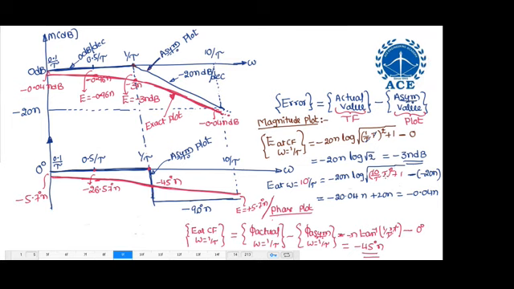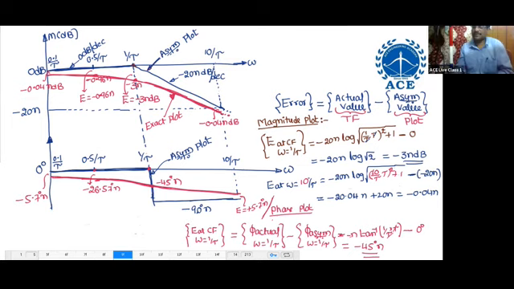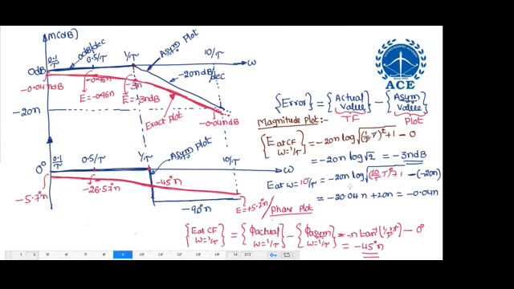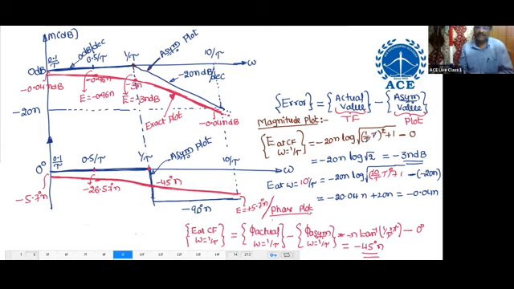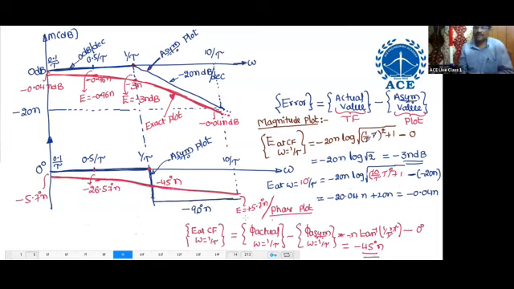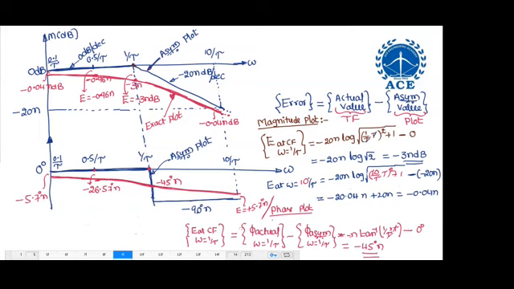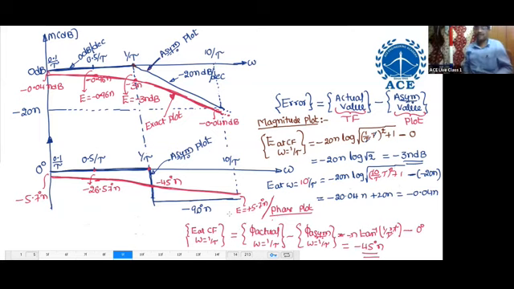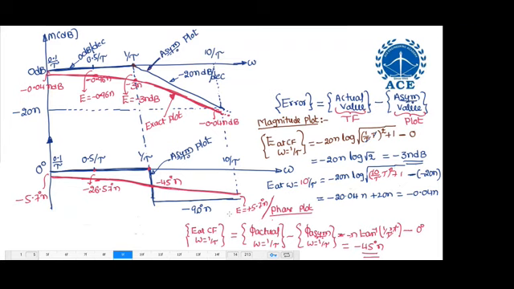Minus 20 log of root of (10 by tau) squared plus 1, minus 20 log... what is the answer? Yes, sir. No, in phase, sir. Phase where? At 10 by tau, sir. Error equal to plus 5.7 degrees, that only I wrote here. Yes, sir, it means it is a positive value, no, sir? Yes, but same error means the value, not the sign. Okay, sir.